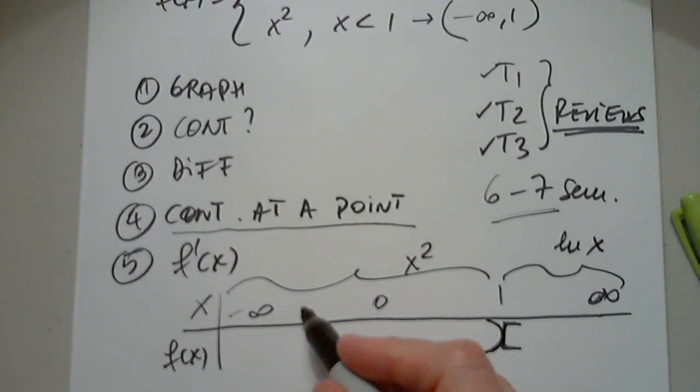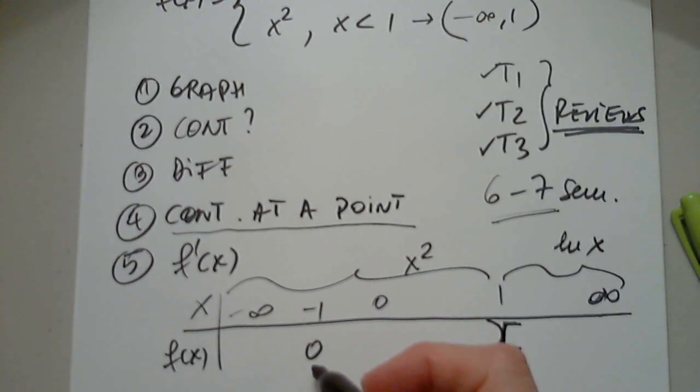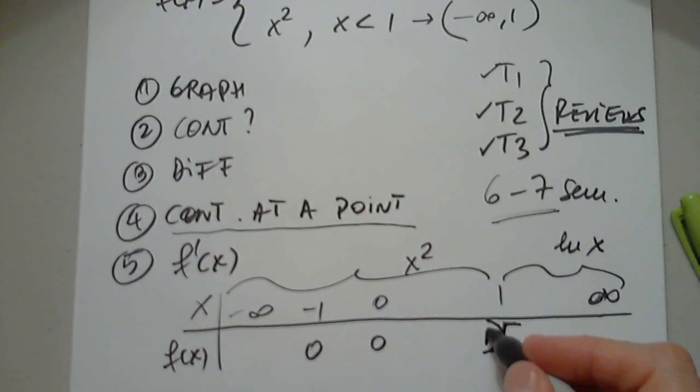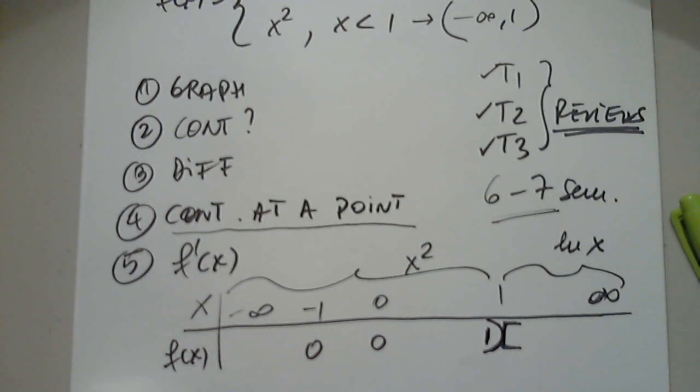And then plug in some numbers. And of course, I didn't mean to write that. I meant to write the 0 here. So this is positive 1. Of course, we need ordered pairs on both sides of the break.